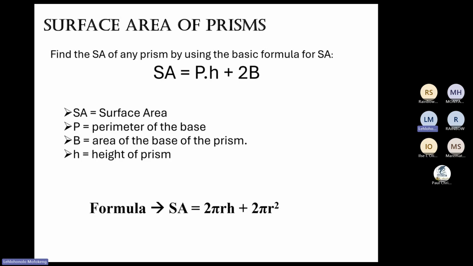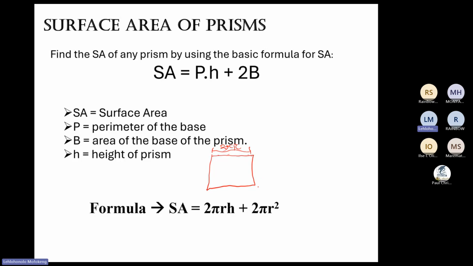The surface area of a cylinder will be 2 pi r h. This 2 pi r h is for the part that is a rectangle. Remember we said this distance is that part of the circumference, and it will give us 2 pi r.